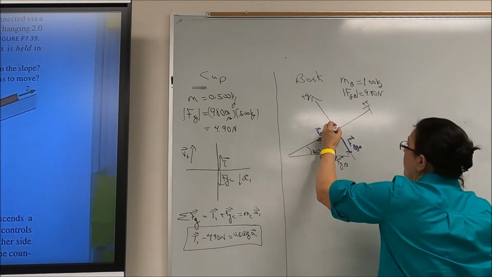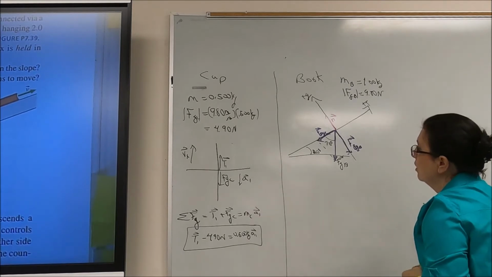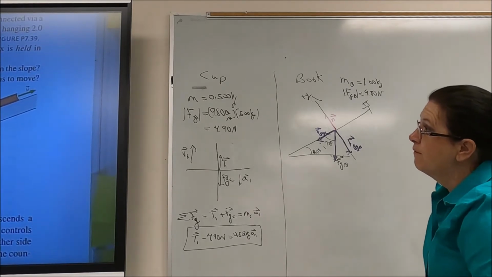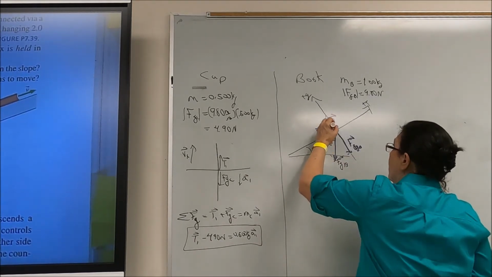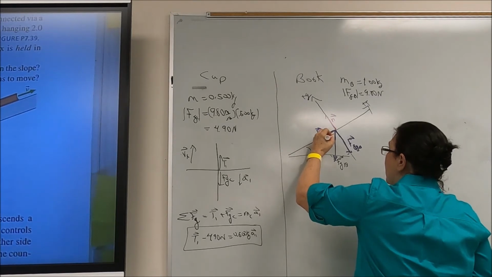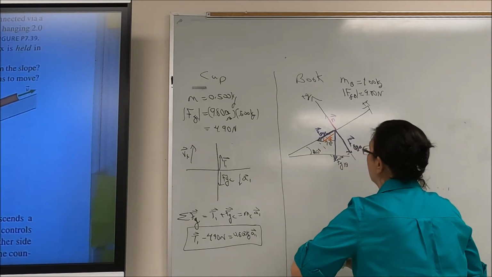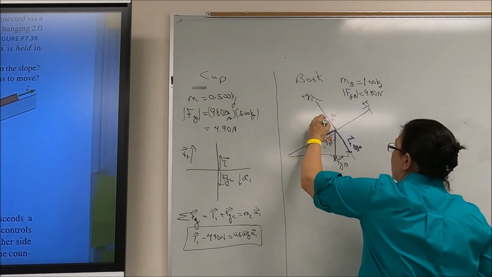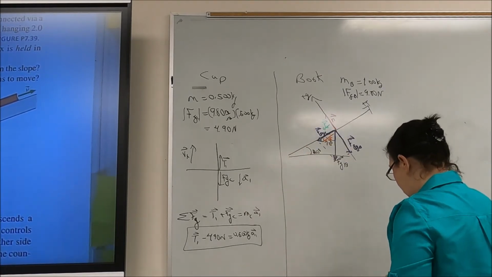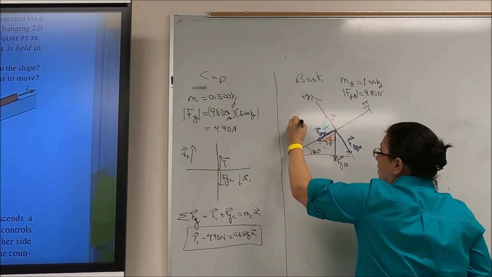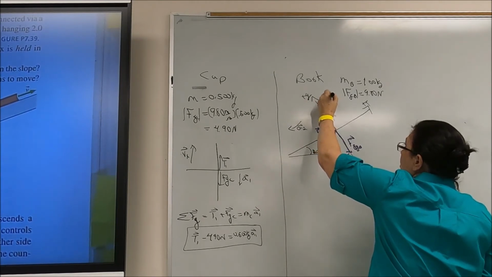And then there's going to be a normal force, and there's going to be a frictional force. The frictional force is going to point down the inclined plane, and there is a tension. I'll call it T2. Now, the acceleration vector, A2, is going to point down because velocity initially was up.